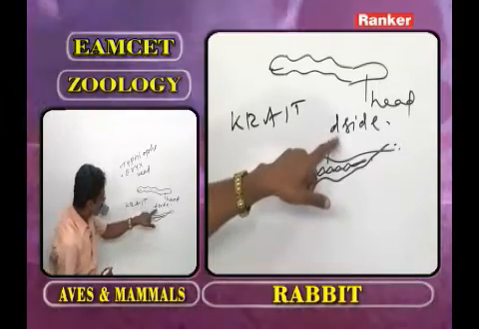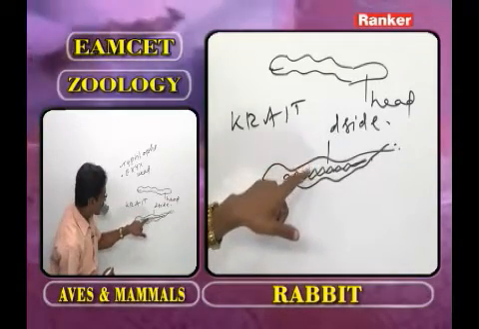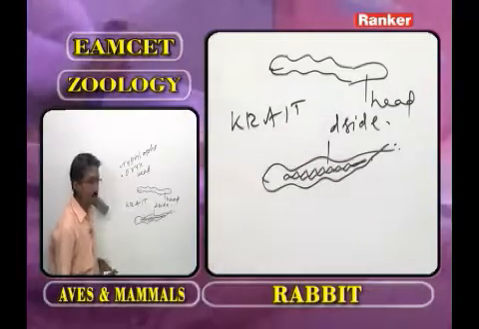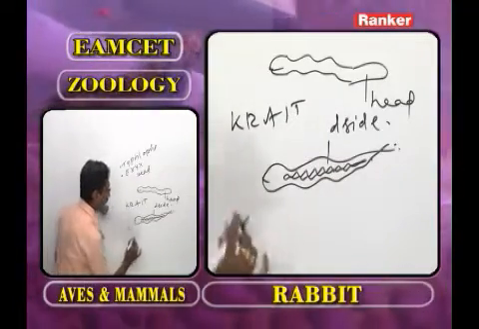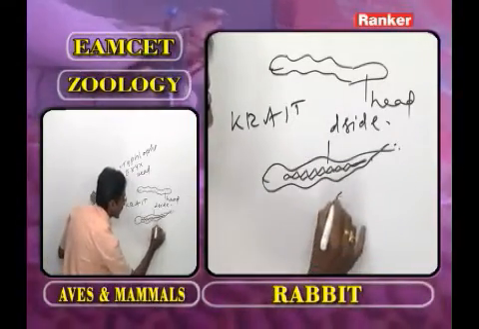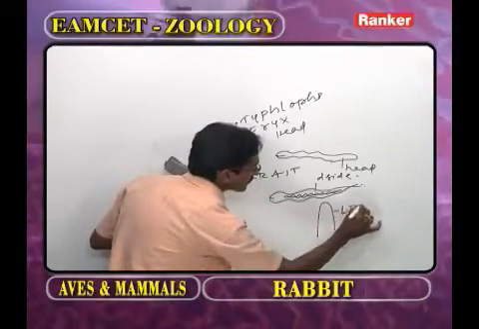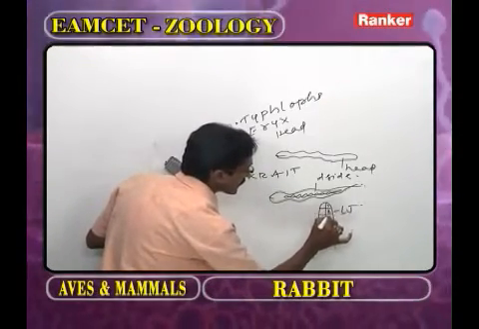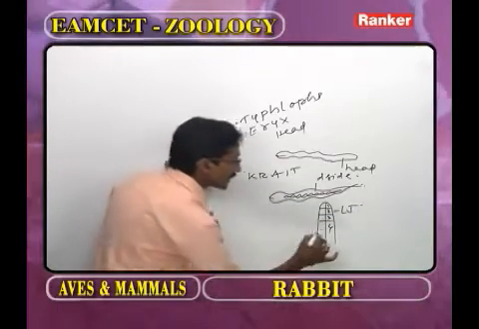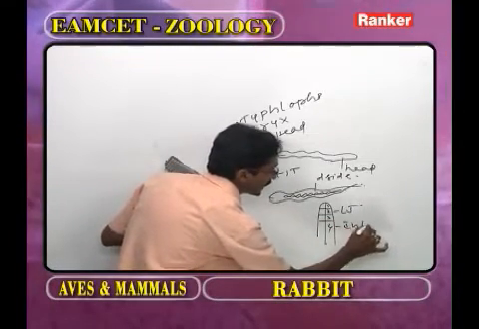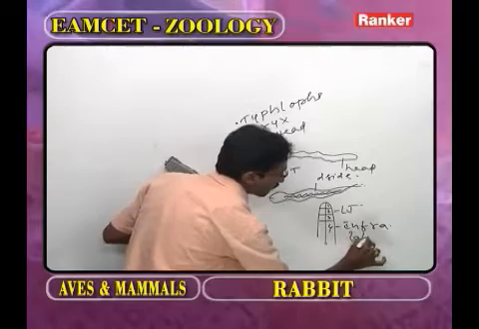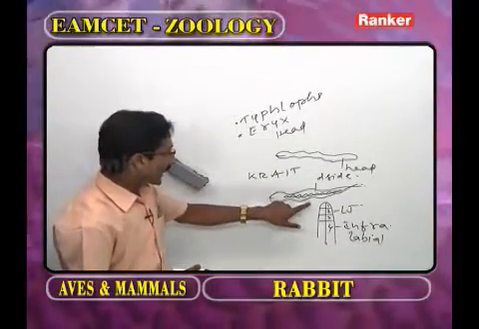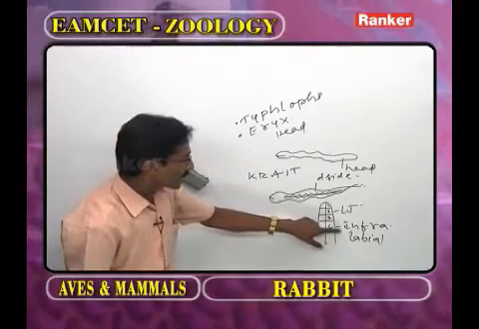That is one identification. What is the second identification? This is the lower jaw. In the lower jaw, first, second, third, fourth. This is infralabial. In case of krait, what are the identifications? Fourth infralabial is the largest, and on the dorsal side, hexagonal scales are present.